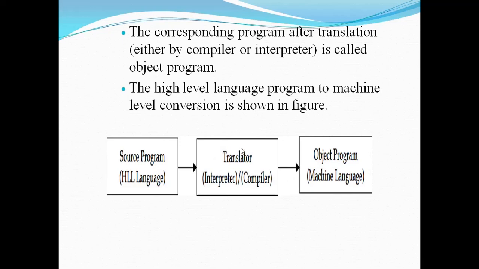Here the compiler translates it into machine language. The high level language program to machine level language conversion is shown in the following figure. So here this is the source program. It is compiler. It translates it into machine language, which is also called object program.